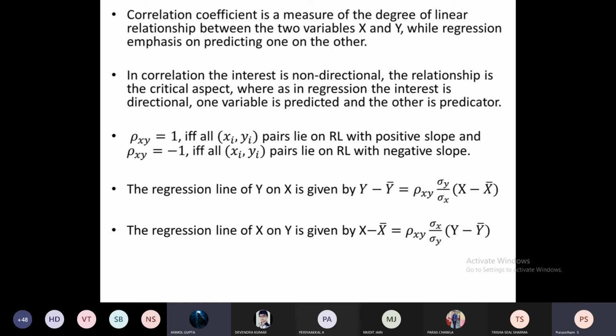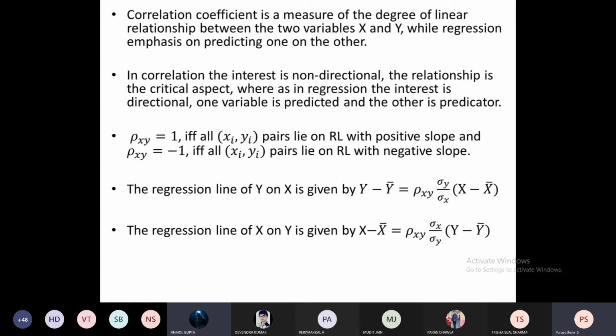Something like y minus y1 is equal to m into x minus x1. Is it not like this? Then what is x1, y1? So here x1 is x bar and y1 is y bar.